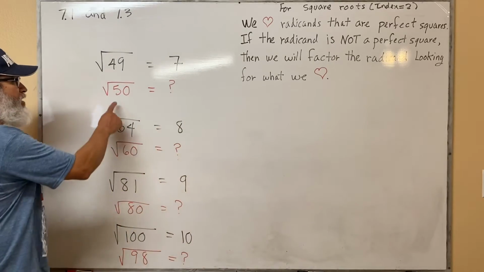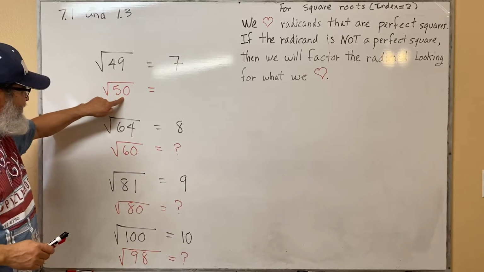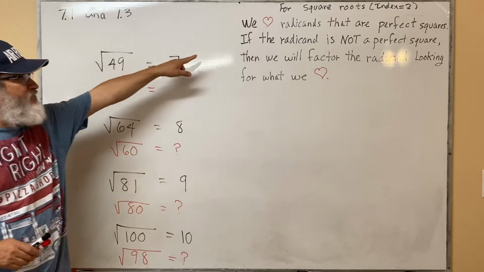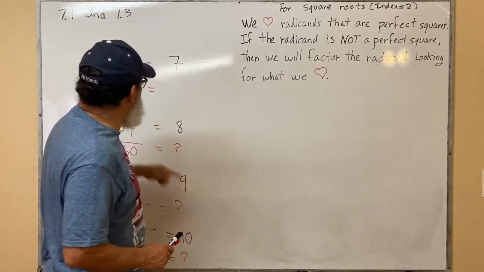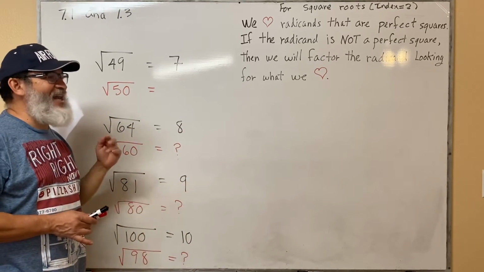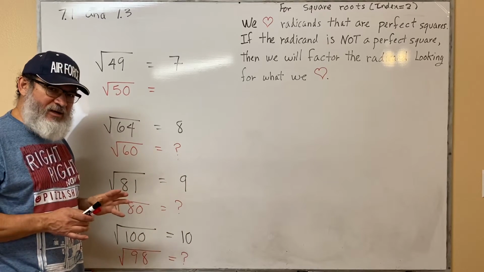Okay, you see this one? This one here, 50, not a perfect square, no problem. Let's follow this. If the radicand is not a perfect square, we will factor the radicand. Factor means express it as a product.